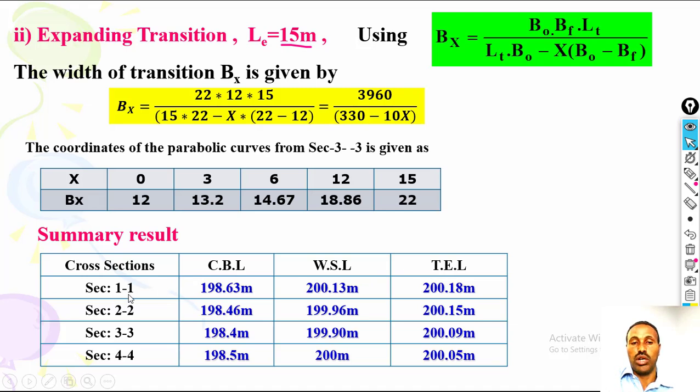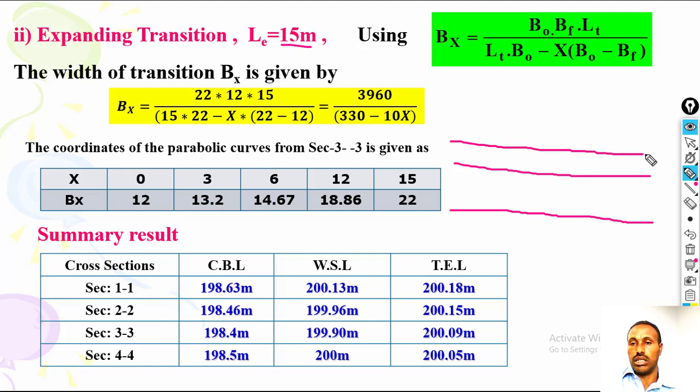In the summary result, you can see at section 1 the canal bed level, at section 2, at section 3, at section 4. So the canal bed level is just going down. So we can have a rough sketch like this. Then water surface level, then total energy level. So you have section 1, then section 2, then section 3, then section 4.